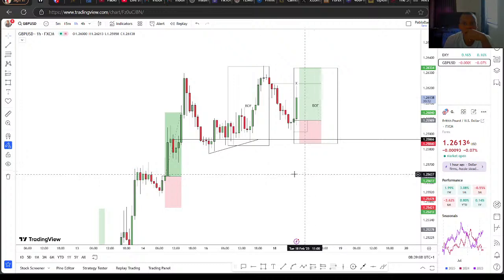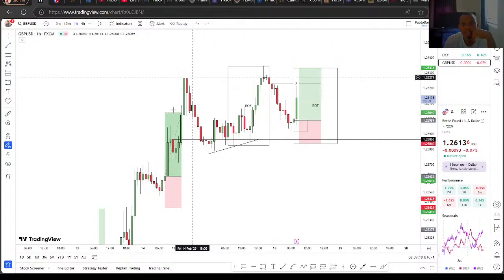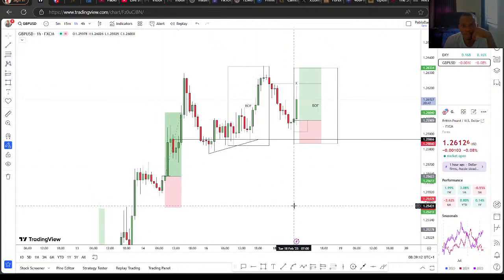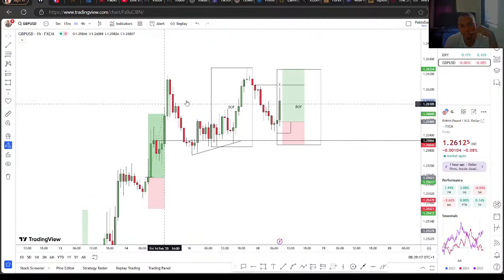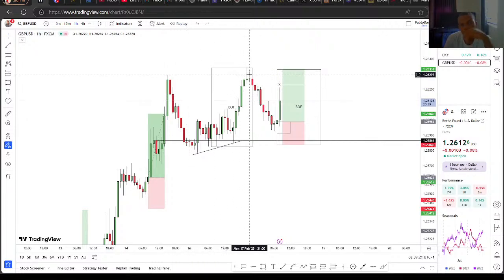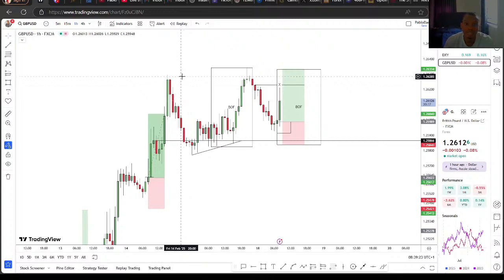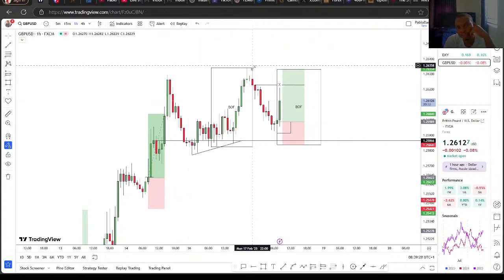It has to break with a candle like this one has been doing. If it breaks with a candle, then we can call it an actual break of structure. This one is not a break of structure, it's actually a wick, and I don't like this kind of break.